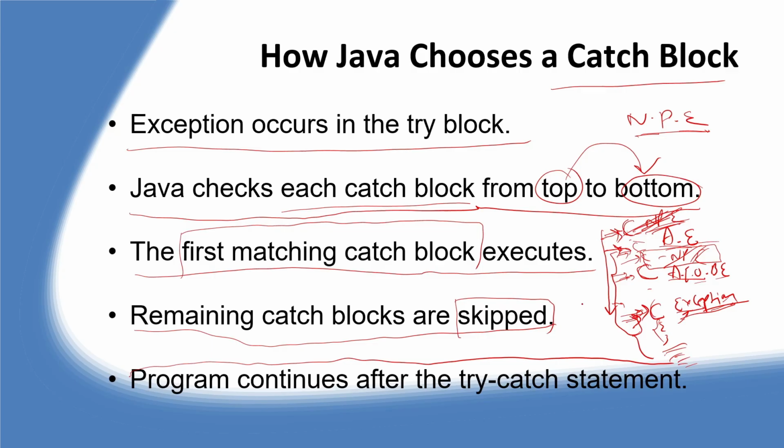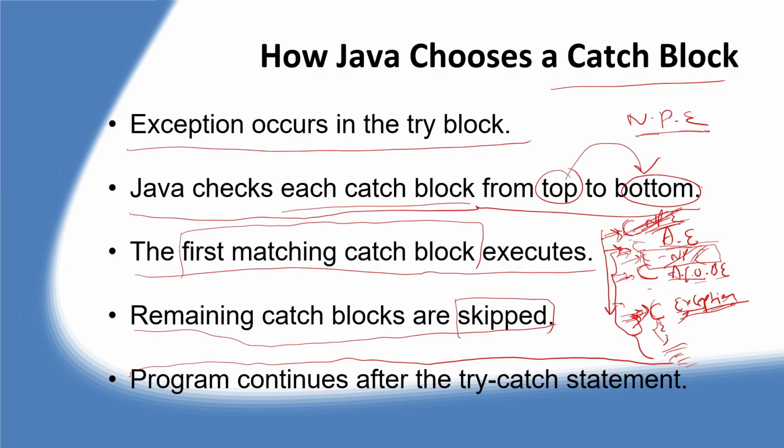So Java always checks the catch blocks in order. As soon as it finds the first matching catch block, it executes it and ignores the remaining catch blocks. So why am I saying first matching catch block? It follows the sequence from top to bottom.